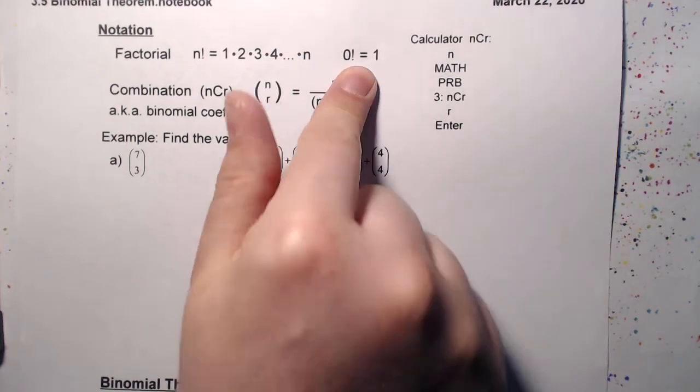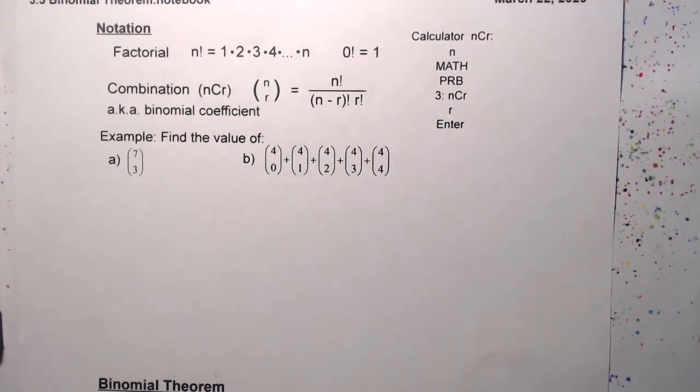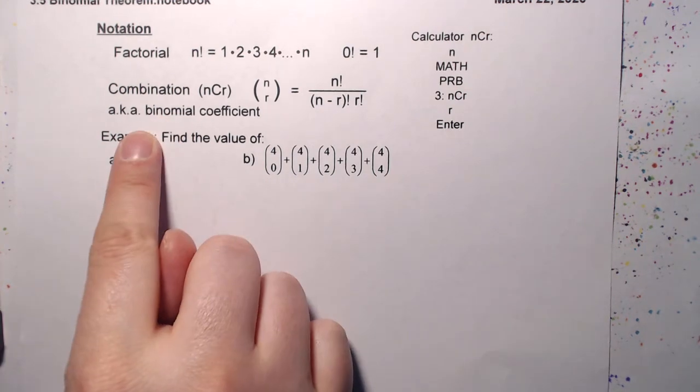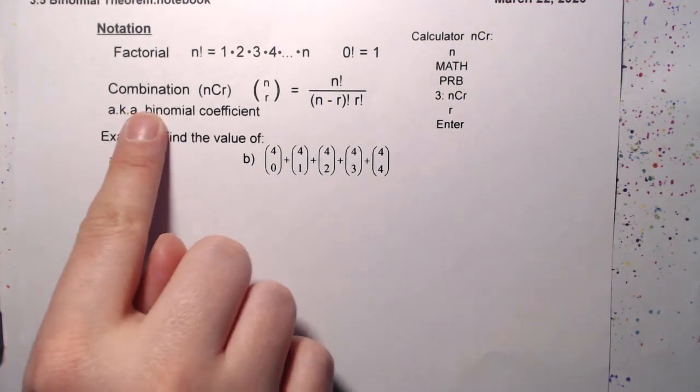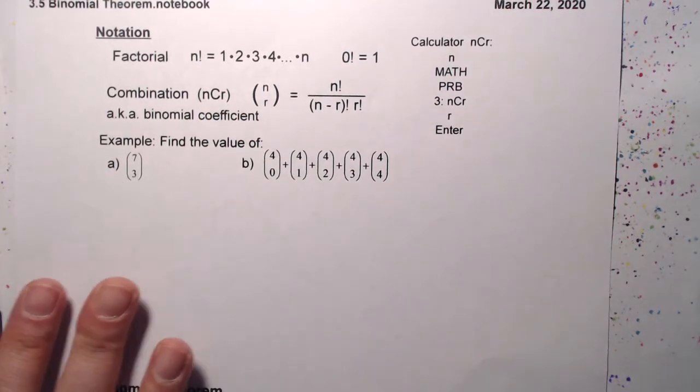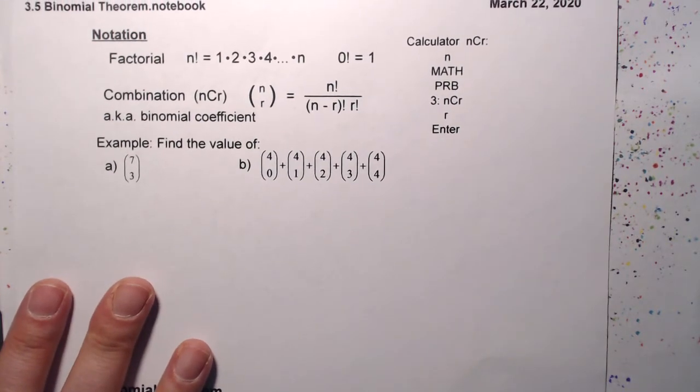And then we also have a rule that 0 factorial is 1, and you can watch some videos on why that happens.